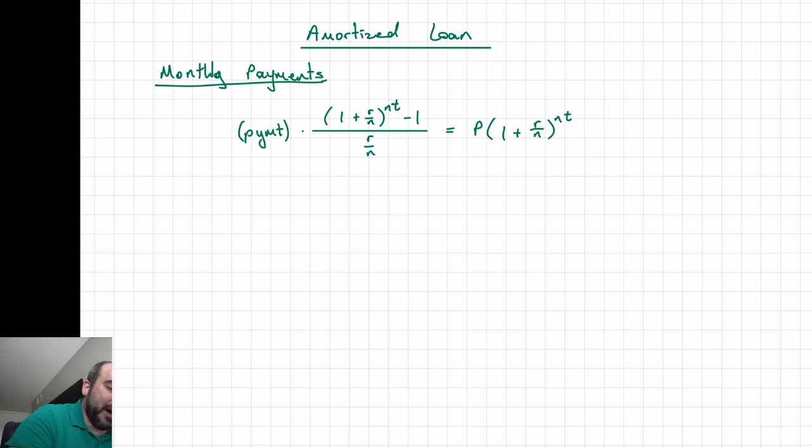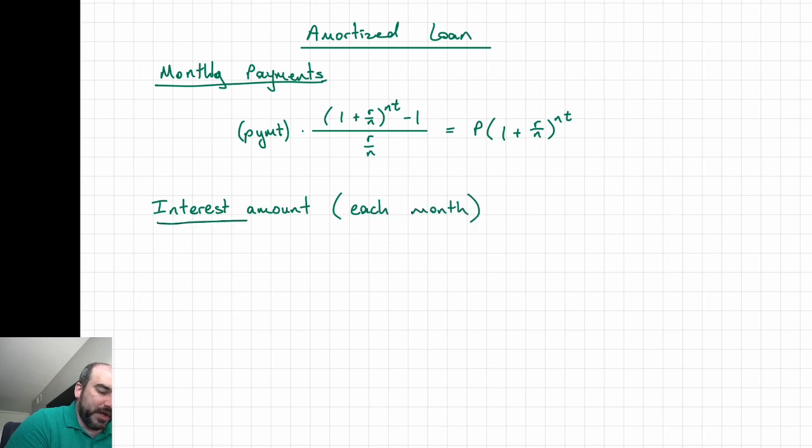What will change, however, during the duration of the loan is going to be the interest amount. And the interest amount, I'm going to write in parentheses each month, because we need to calculate the interest amount for each month as we're filling out our table.